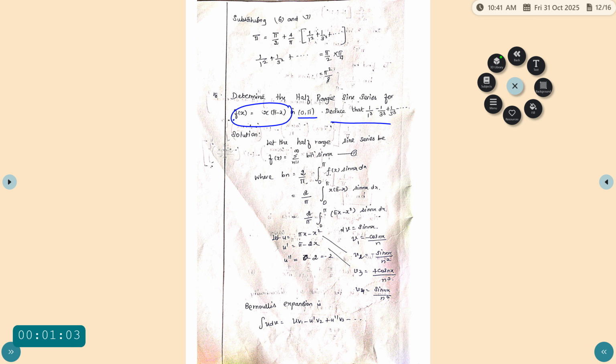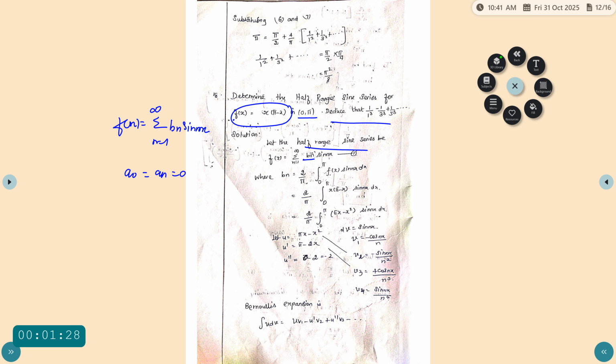We know very well the half-range sine series for the function f of x is equal to summation n equal to 1 to infinity bn sin nx. In the case of sine series, a0 and an are obviously 0. So here the Fourier coefficient bn we are going to find.